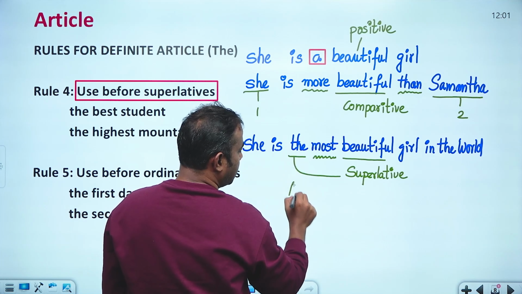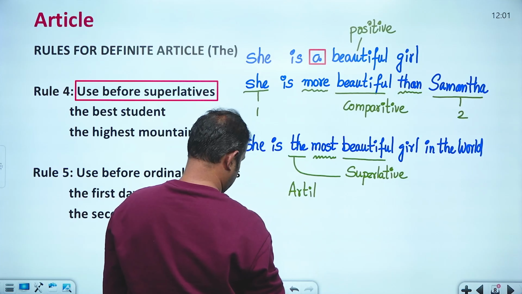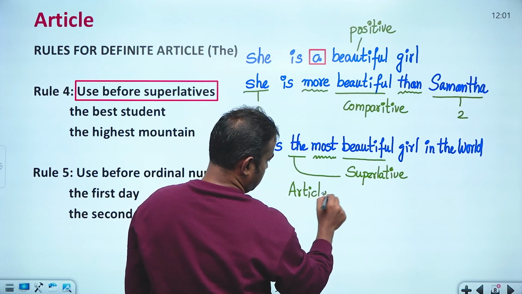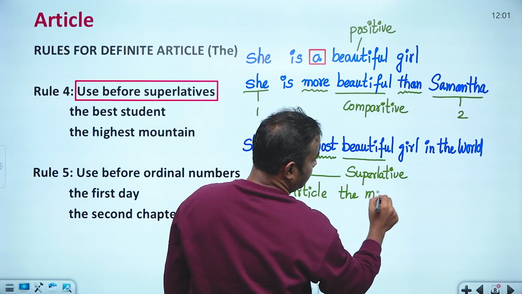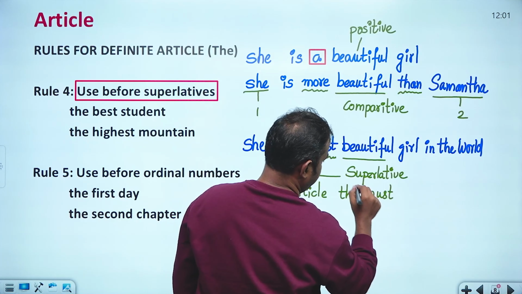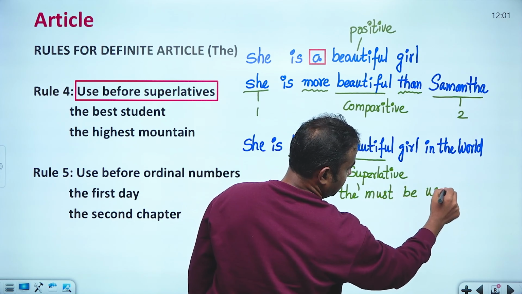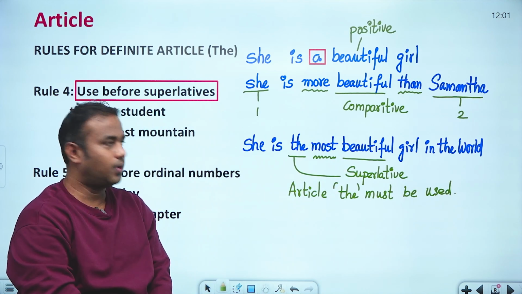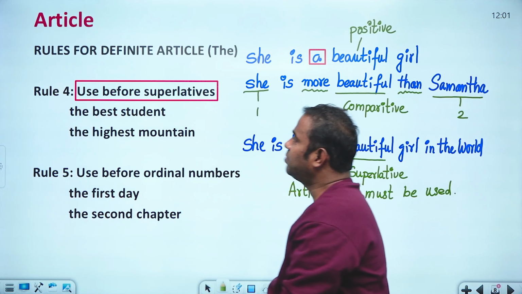The article the must be used. That is why it is used before the superlatives.